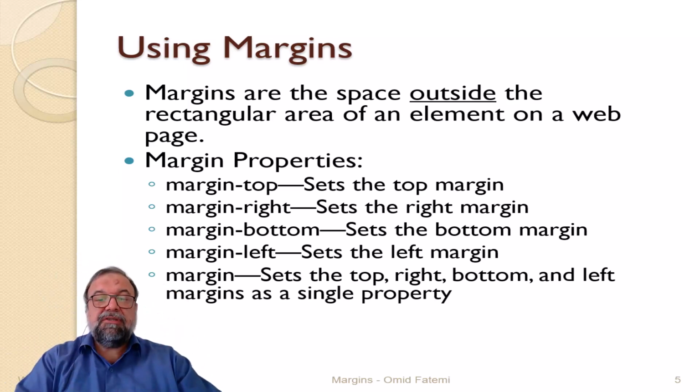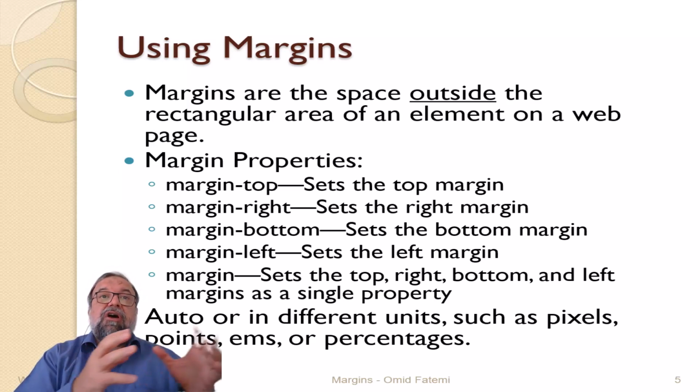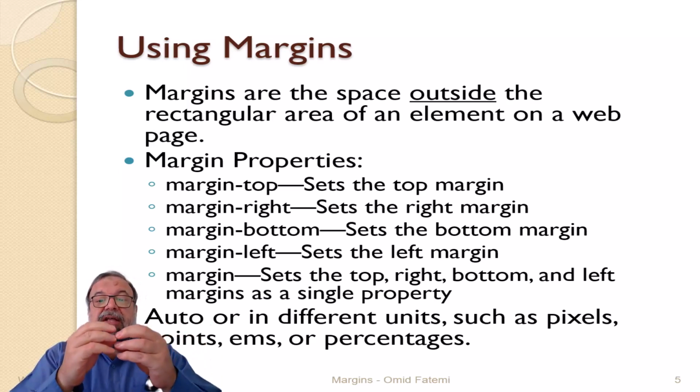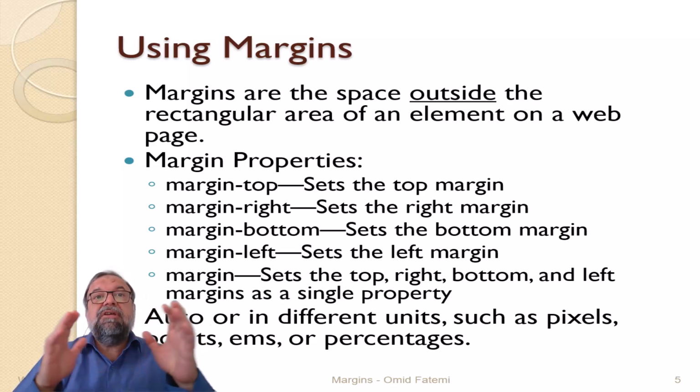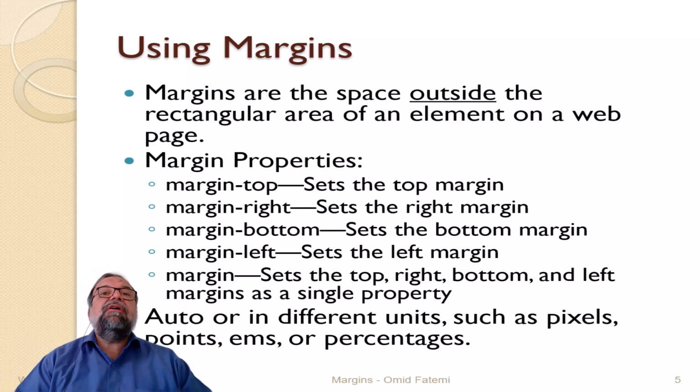I will show you more examples in the next slide. You can also use auto. Auto margin tries to automatically align the element relative to surrounding elements in the page.